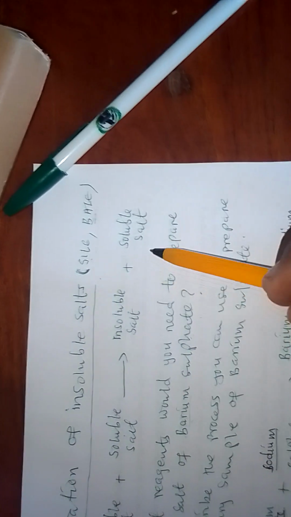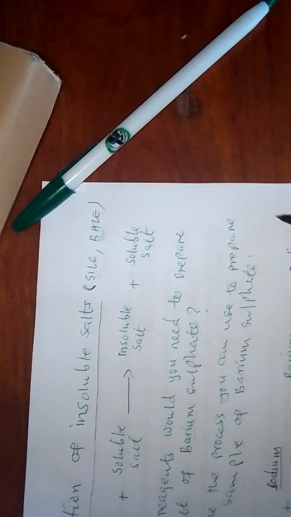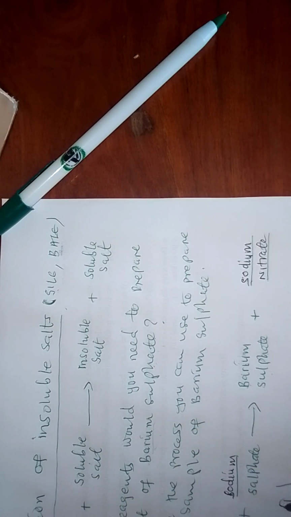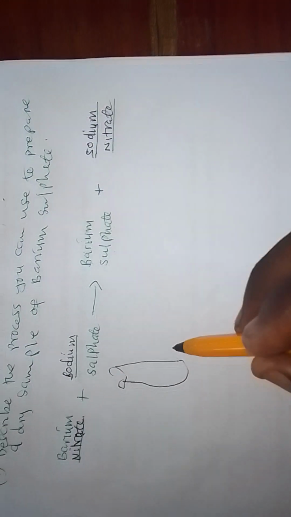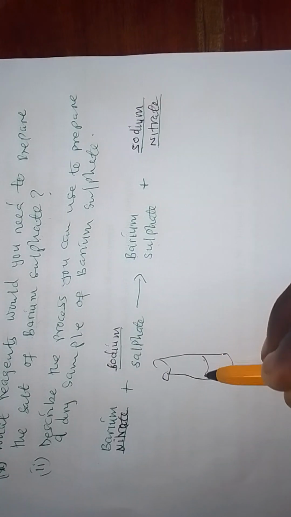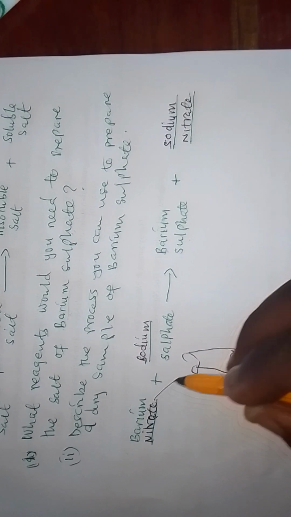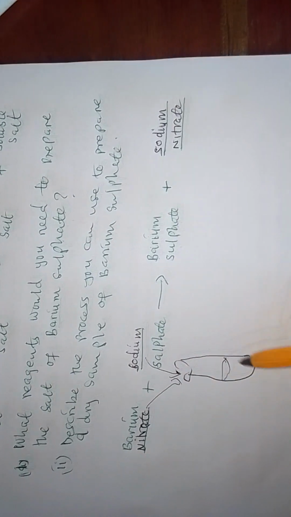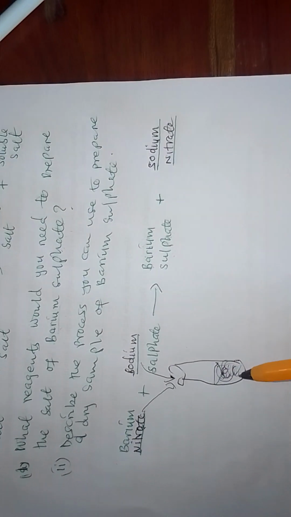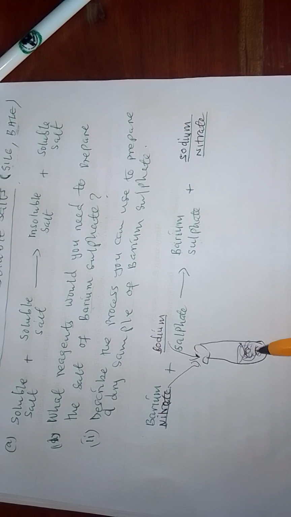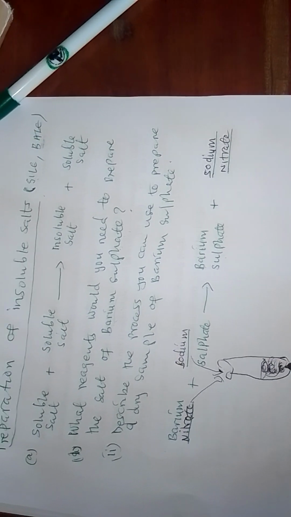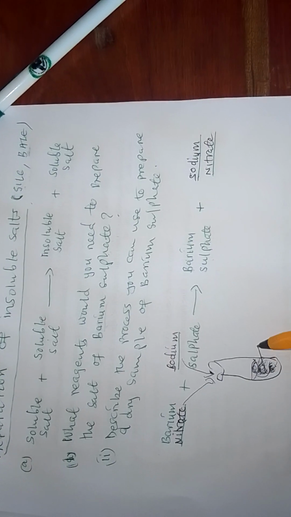So this is the other soluble salt that was formed. When you mix these in a test tube or a beaker, you pour this one here, you pour this one here, and they will form a white precipitate. I'll share a video that shows the precipitation method.